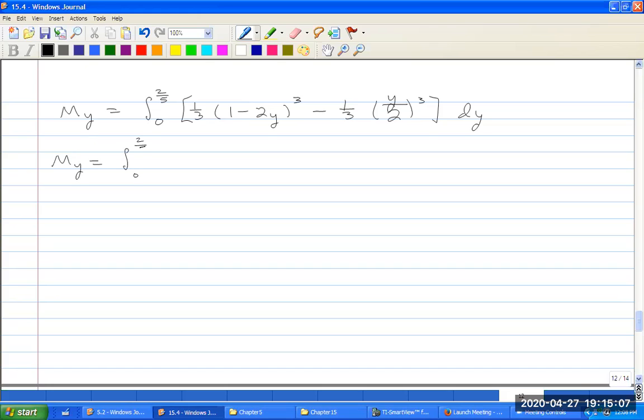Zero to 2/5. 1 cubed is just 1 times a third is 1/3, minus 3 times 1 squared times 2y.